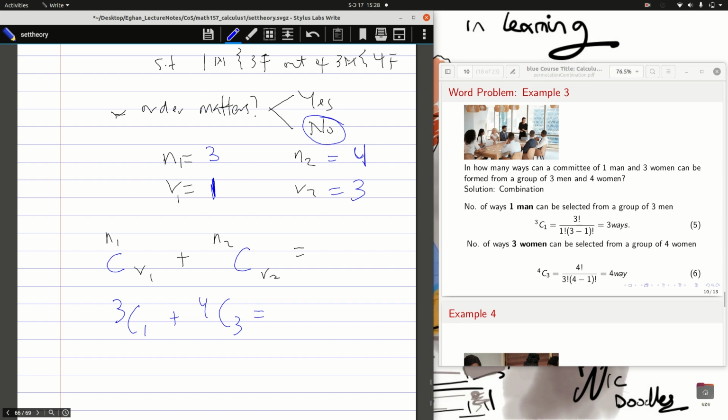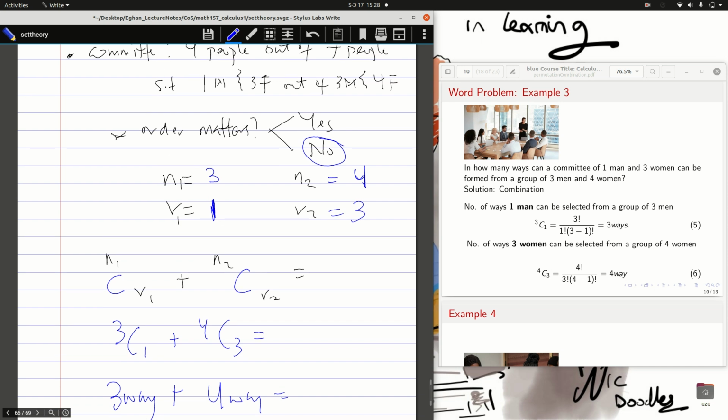If you are selecting 1 man out of 3 men, you have 3 ways of selecting them. And if you are selecting 3 women out of 4 women, you have 4 ways to do the selection, and that gives you a total of 7 to form that committee.